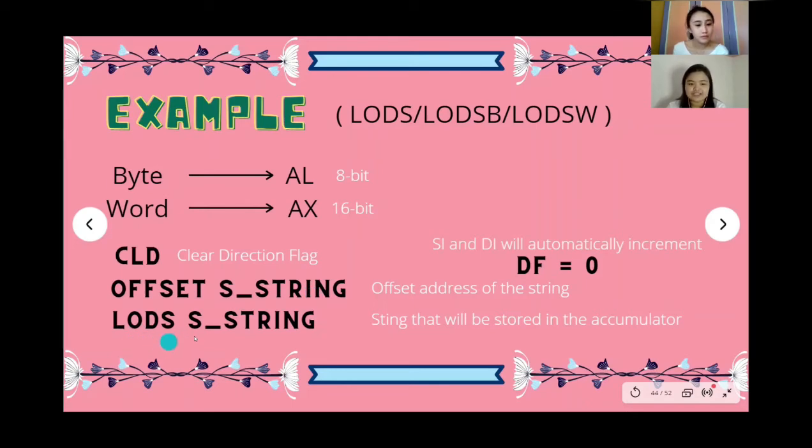Then LODS S_string, where the string is loaded into the accumulator. Depending on whether it is 8-bit or byte, it goes to AL. If it is 16-bit or word, it goes to AX.